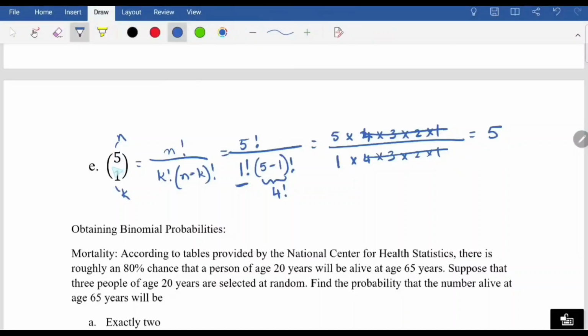So whether n is 3 or 7 or, I don't know, a million, as long as the bottom value, k value, is a 1, you will always end up with n for your answer. Okay, these are some good facts to remember. It helps when working on more complex problems.